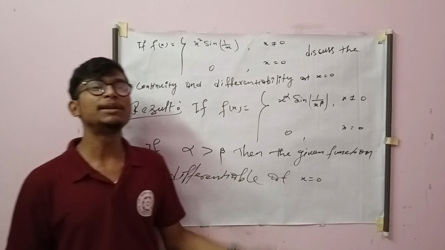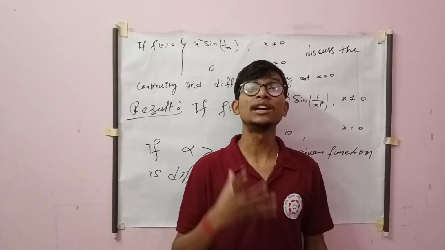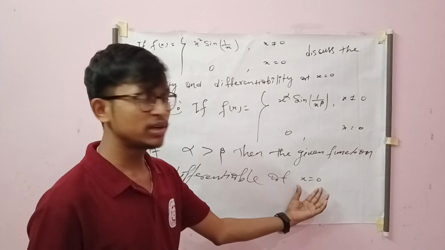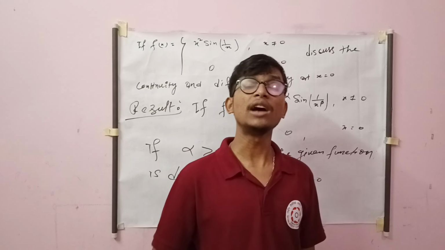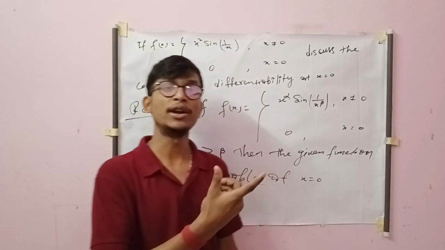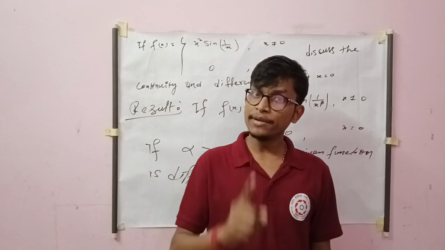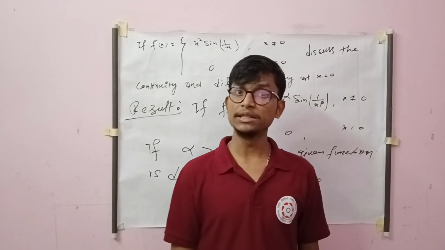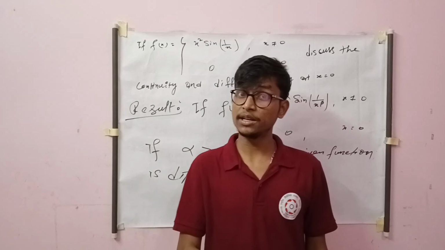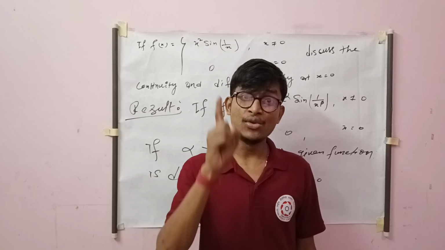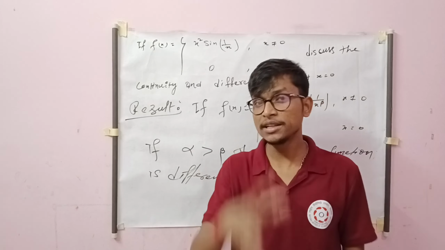If the function is differentiable, it means that the function is continuous at that point. Whatever, if we talk about 0, the function is also continuous at x equal to 0. But every differentiable function is continuous, while every continuous function need not be differentiable. Here is one example.